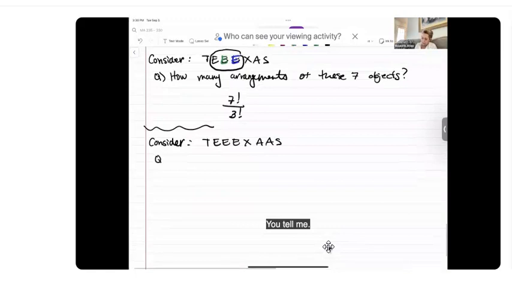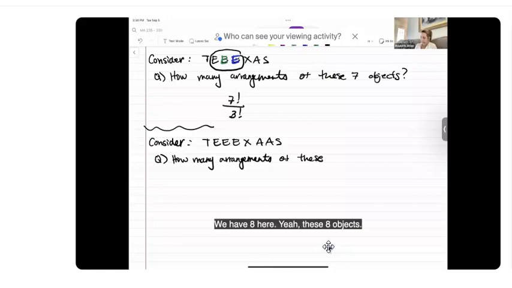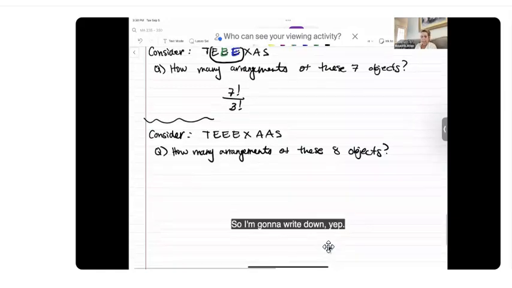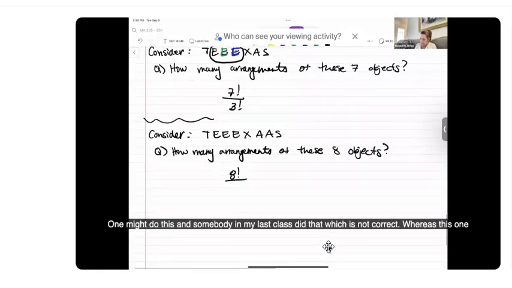You tell me. Do we have 8 here? Yeah. These 8 objects. So I'm going to write down, yep. One might do this, and somebody in my last class did that, which is not correct.